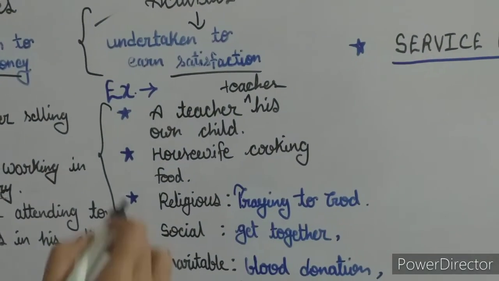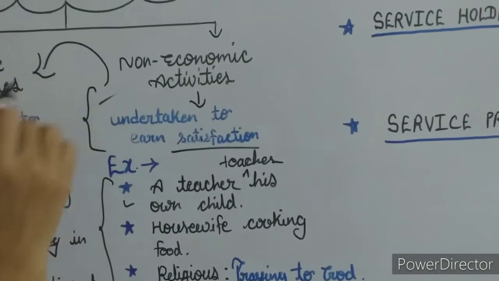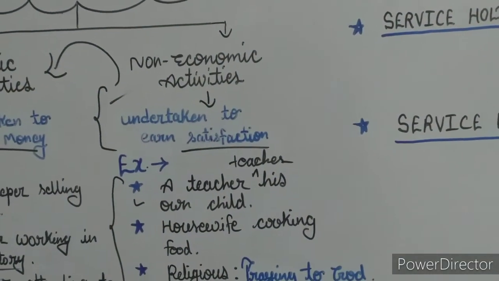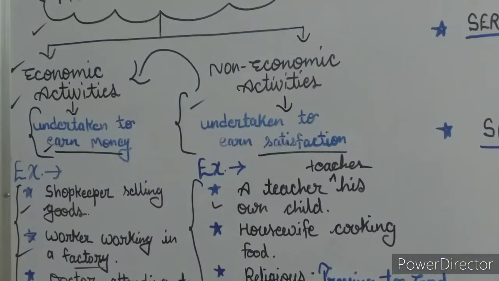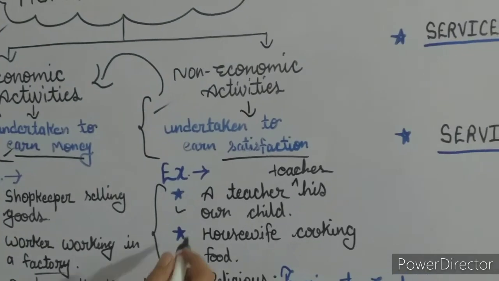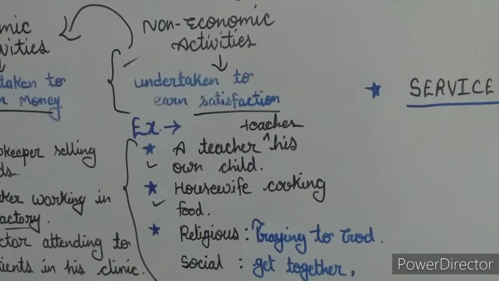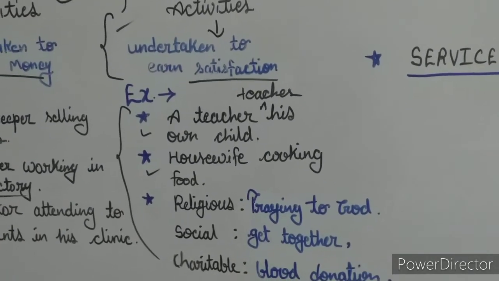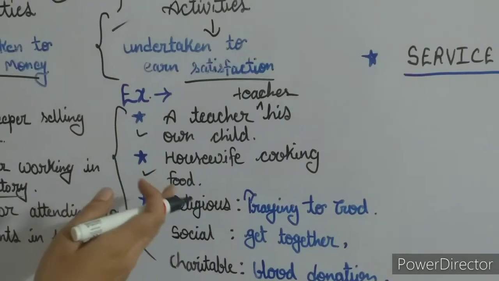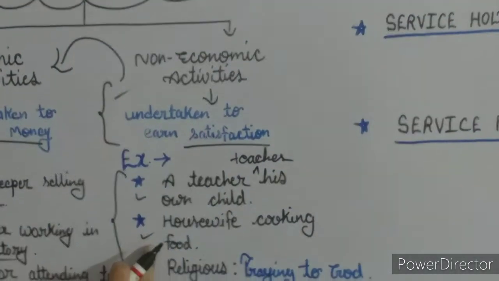But when a teacher teaches in a school or in an organization with the purpose to earn money, it will be included in economic activities, right? Then a housewife cooking food. Whenever a housewife cooks food, what is the intention? It is not to earn money, so it will be included in non-economic activities.